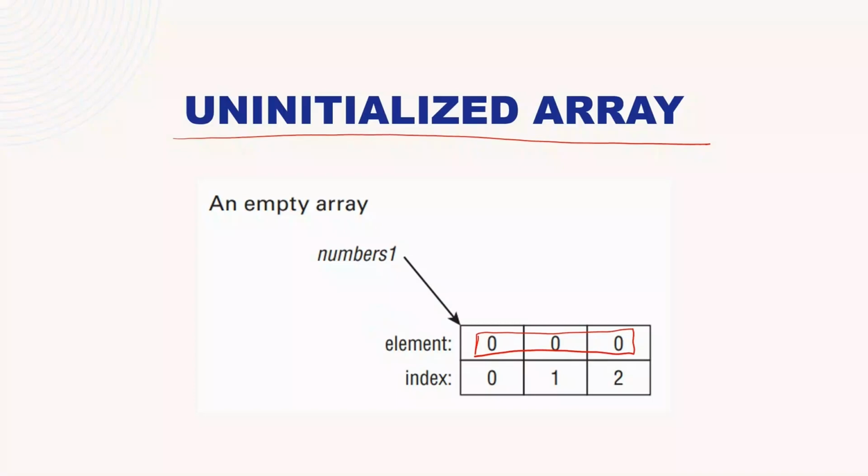We created an array of 3 elements, and basically it will allocate 3 blocks for that array, and each element will be the default value, which is 0 in this case. But you can obviously change it to the element of your liking when you want to manipulate the array. But remember, the default is 0 for integers, and for character arrays it is a white space. For different data types the default value varies. But the thing is, if you create an empty array, by default it initializes the elements to the default values.